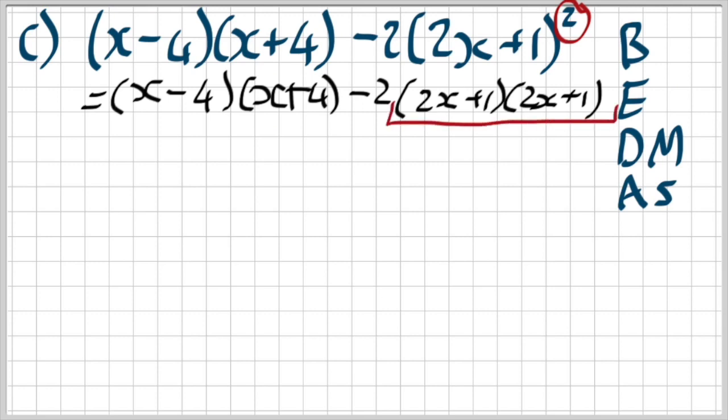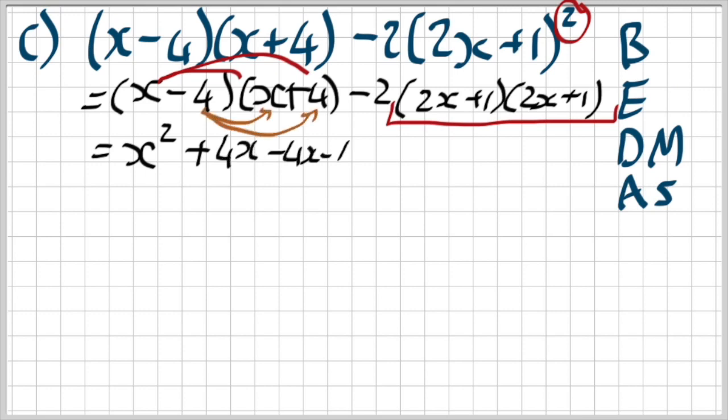Next up, I'm going to start distributing out. I'm going to FOIL out the first two brackets. So x squared plus 4x minus 4x minus 16. Then I'm going to multiply out those back two brackets before I do anything with that negative 2.